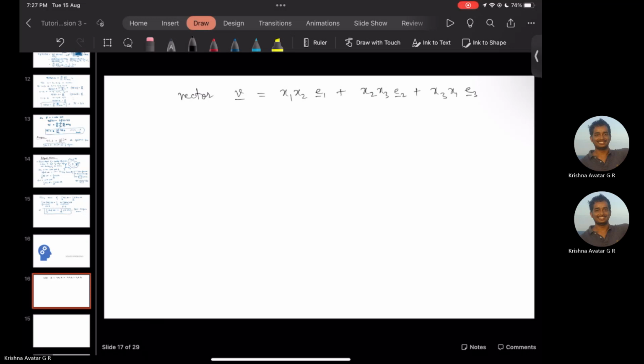The goal is to determine grad of v, then determine the first invariant of grad v.